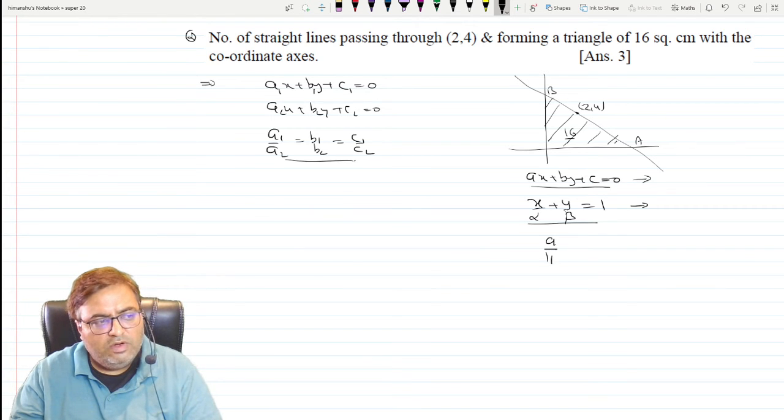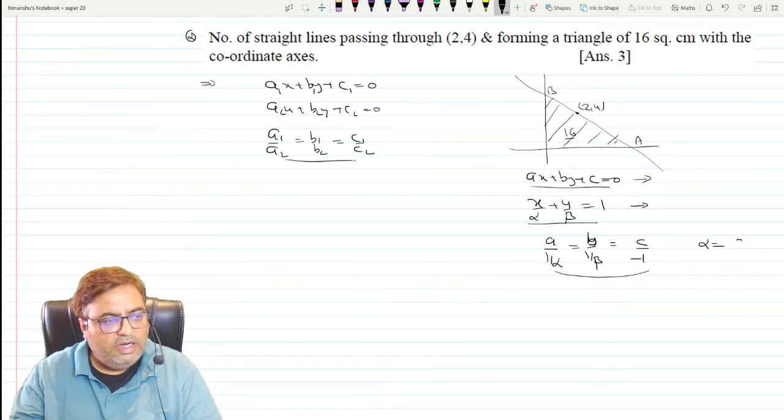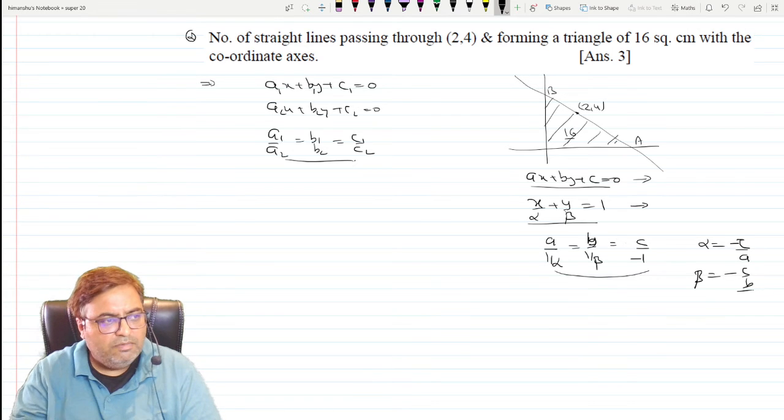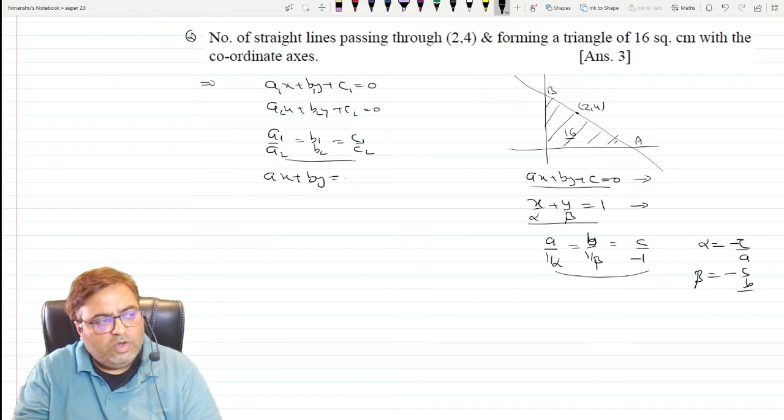So x upon 1 by alpha should be equals to y upon 1 by beta, and should be equals to c upon 1. So when we equate these, we will get alpha is equals to what? Minus 1. So alpha will be minus c by a, and beta will be equals to minus c by b.